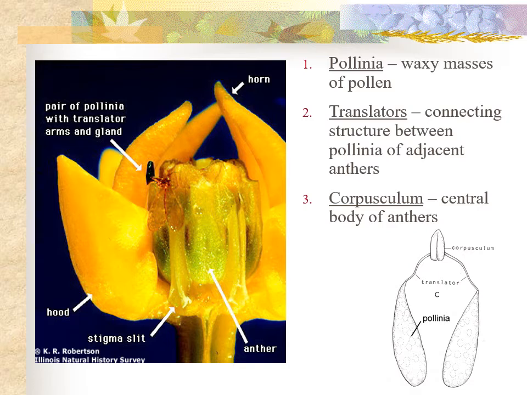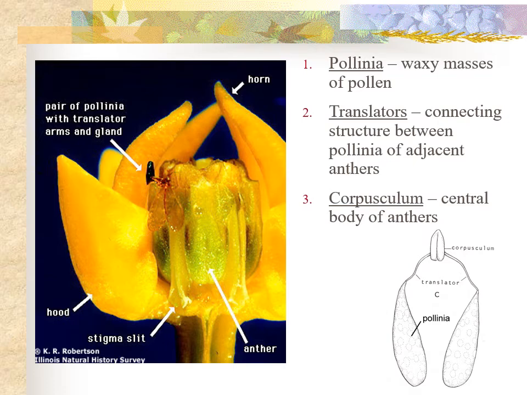So the pollen is actually aggregated into these waxy masses known as pollinia, and two adjacent pollinia are connected to a central corpusculum through these filamentous structures known as translators. One really cool thing about pollinia is that it appears to have evolved independently twice.